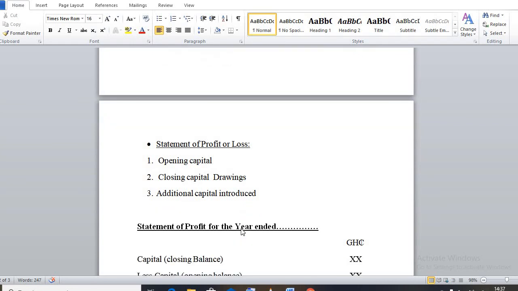Okay, so this is the technical way of presenting or determining profit or loss under single entry records, and I want you to bear in mind, you have to put it in your head. We compare the two balances for the capital to know whether we've made a profit or loss. And in doing that, we have to present what is known as the statement of profit or loss for the year.